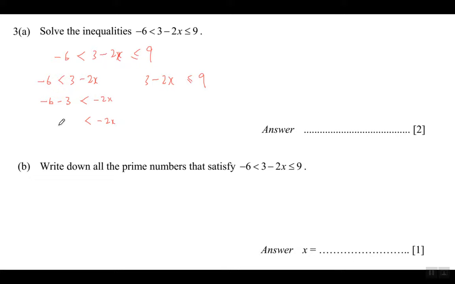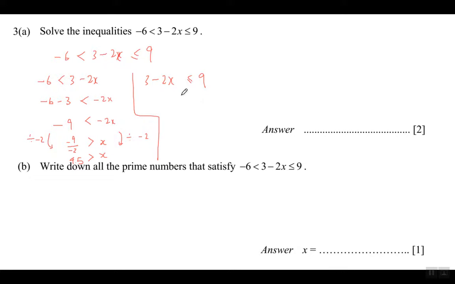Minus 2x is minus 9. So divide both sides by minus 2, and I must remember to switch the sign. So I get x is minus 9 divided by minus 2, so I get 4.5. Okay, then the other side.